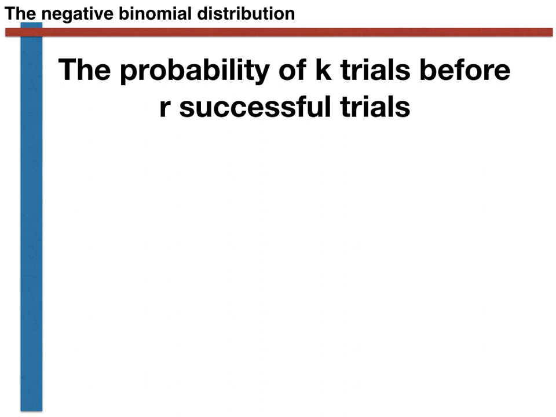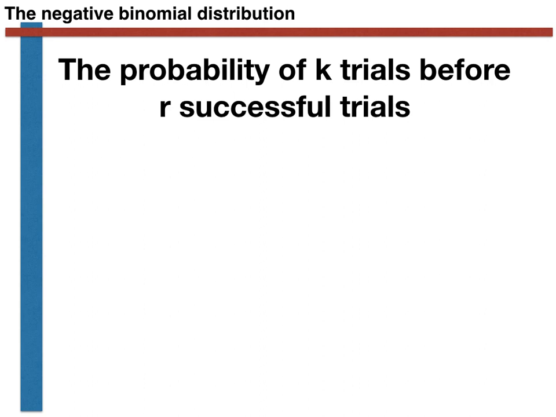The derivation of the probability mass function for this negative binomial random variable is actually rather easy. Suppose that you are looking for the probability mass function for a random variable that measures the number of times that you have to perform trials until you have two successful events. That is to say you are trying to find the probability that you will have k trials before you get R equals 2 successful ones.